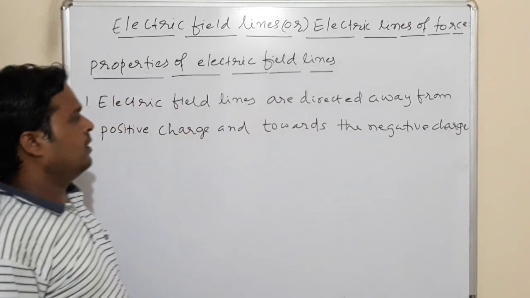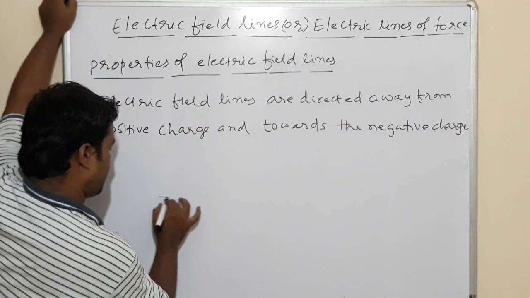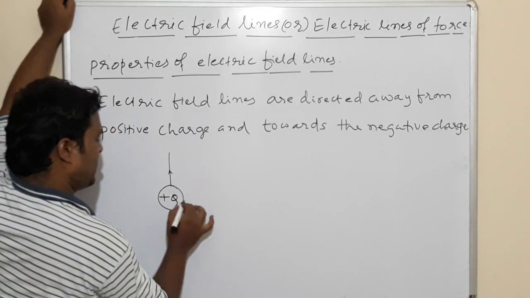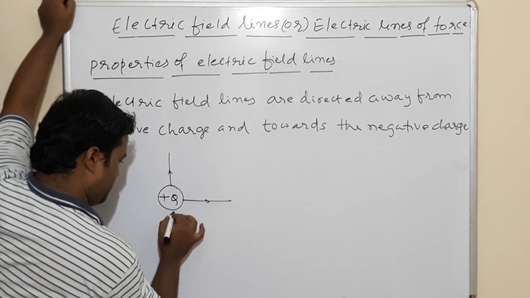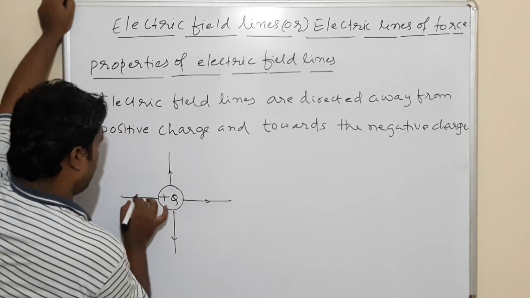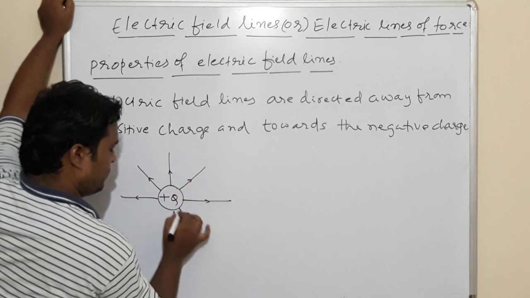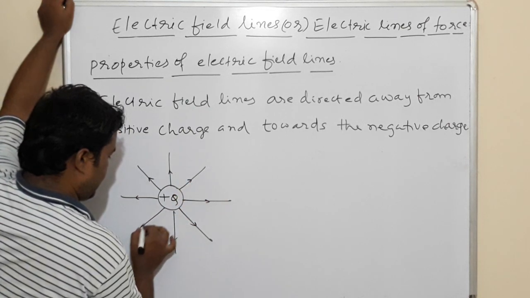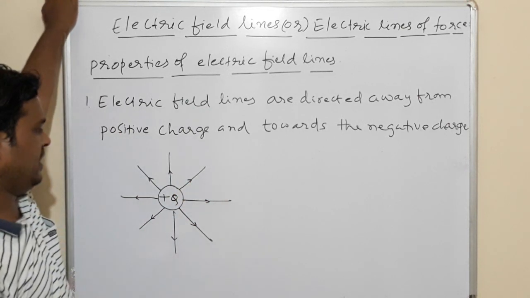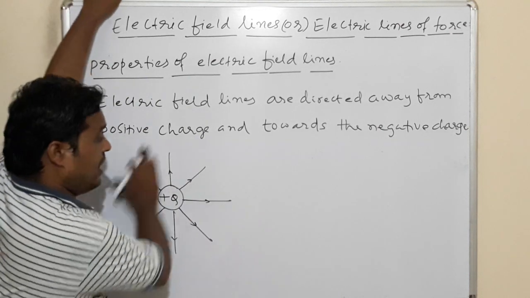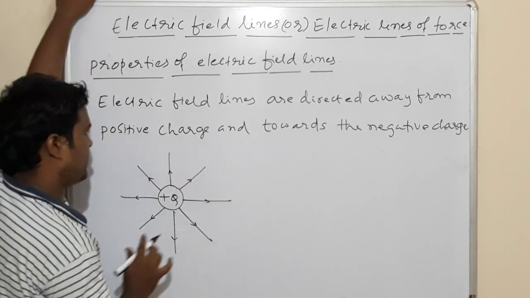Okay. Then for a single positive charge, how will you represent the lines? Like this. These are the paths along which a test charge moves. These paths are considered as electric field lines. For a positive charge, they will be directed away from the charge first.